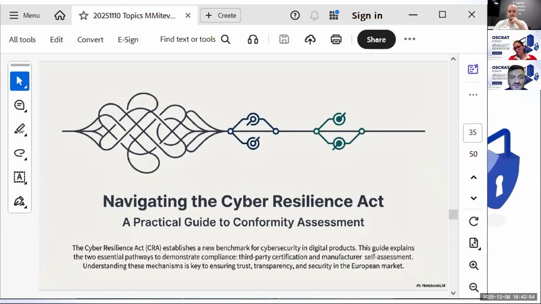This last presentation explains the 2 essential paths to demonstrate compliance: certification by an independent body and self-assessment by the manufacturer. Understanding these processes is important because they help build trust, transparency, and security. Throughout the last 15 minutes, I think, we will look closely at how organizations can follow these paths and what each of them requires.